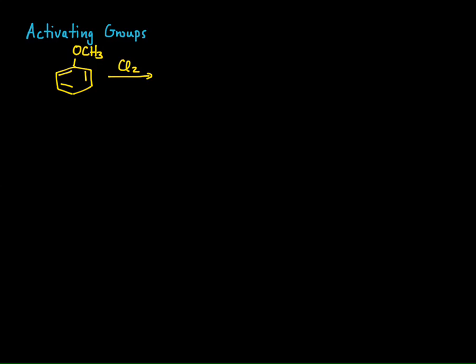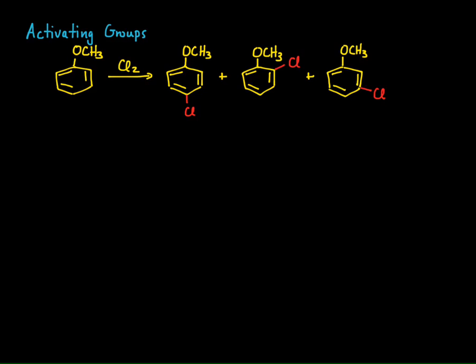So when I chlorinate, if I look at the distribution of products, I can get para-chloroanisole, ortho-chloroanisole, or meta-chloroanisole. And when I look at the product distributions of these, I see that the para-chloroanisole yield is 65%.